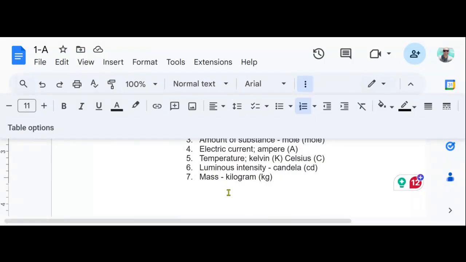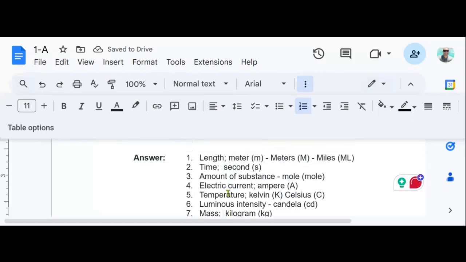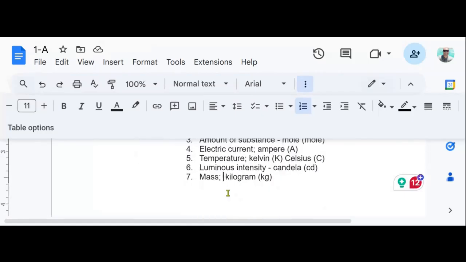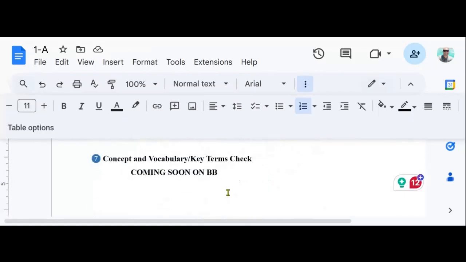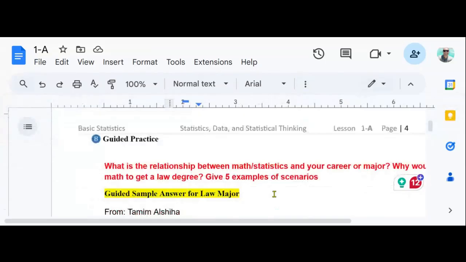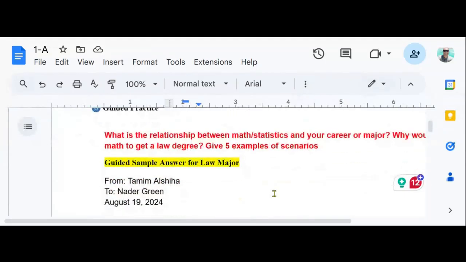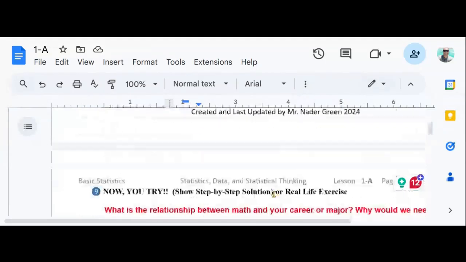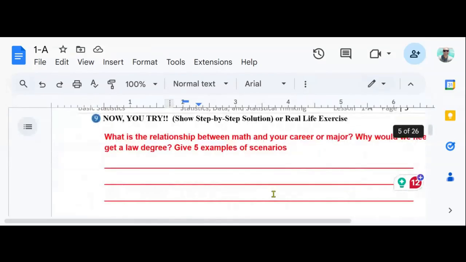How do we measure mass? Kilogram, pound. Right. I'll move on to the next one.